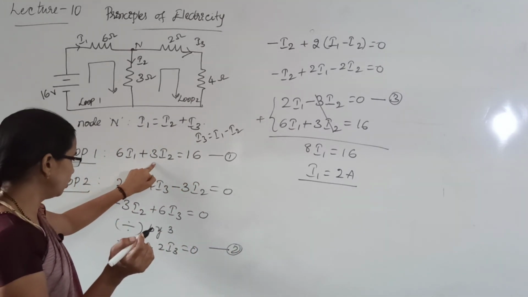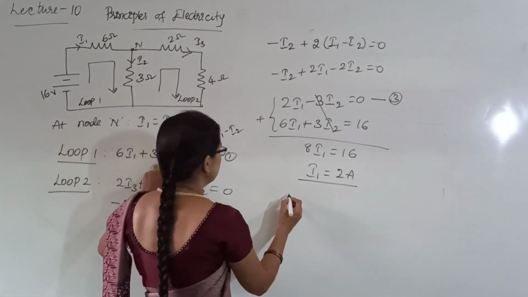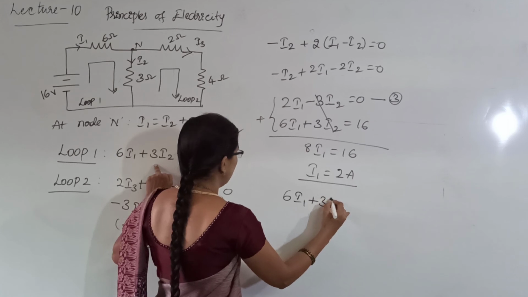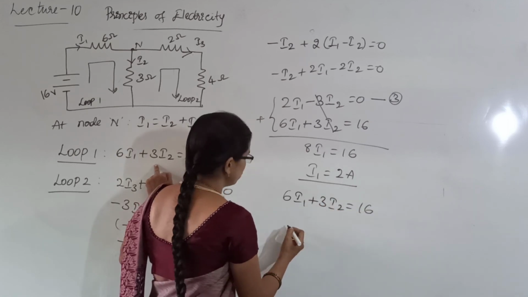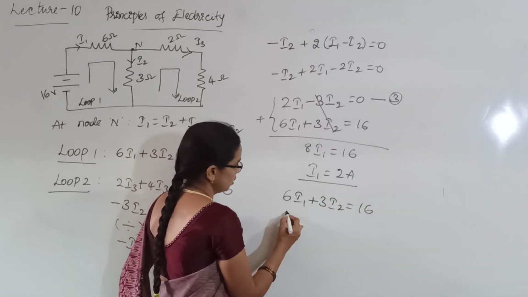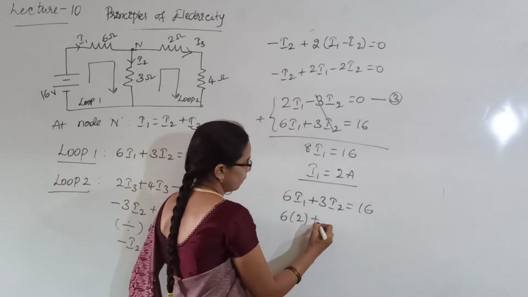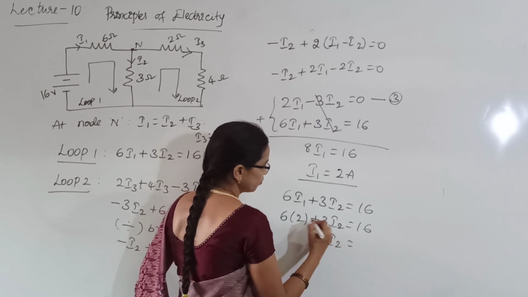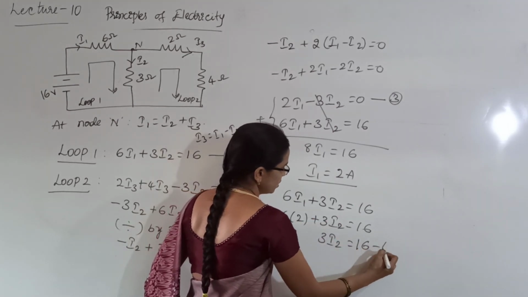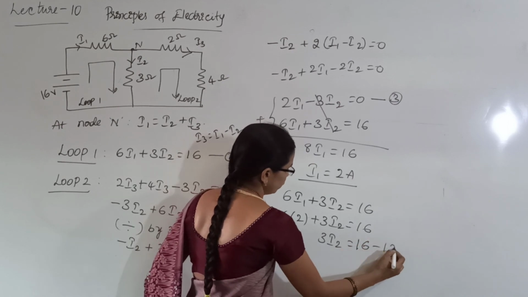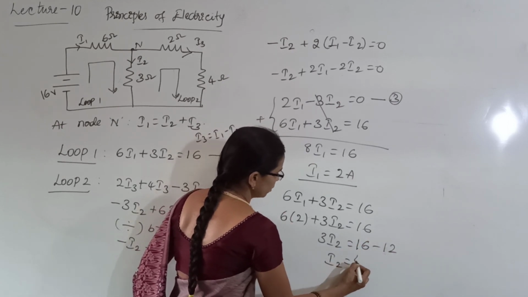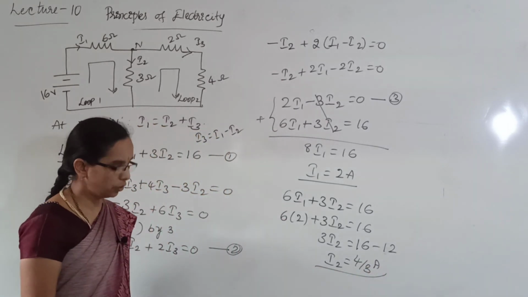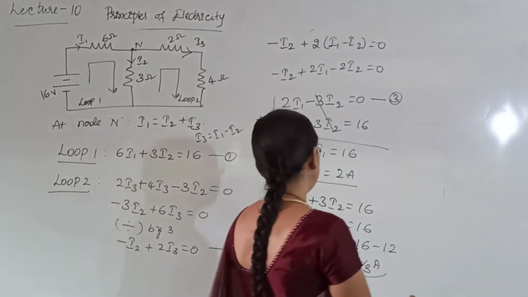I will calculate for I2, that is 6 I1 plus 3 I2 is equal to 16, the equation 1. 6 into 2 plus 3 I2 is equal to 16. 3 I2 is equal to 16 minus 12. Therefore I2 value will get 4 by 3 amperes.